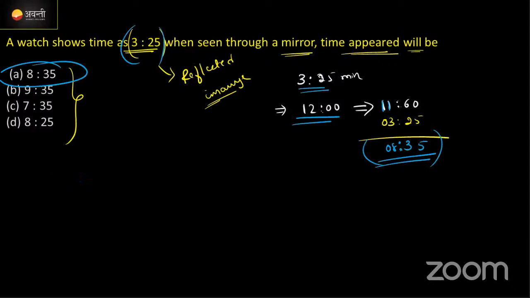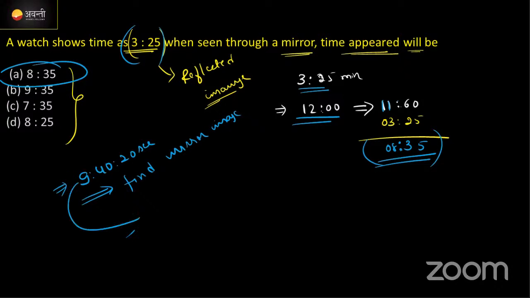Okay, in case they give a problem like this, 9 hour 40 minute 20 second, find the mirror image of this one. If they ask you, how will you find it? Let me know how you will find it. Same. First, you need to take this value. We have to subtract this value from the standard timing, that's the 12 hour, 12 hour 00.